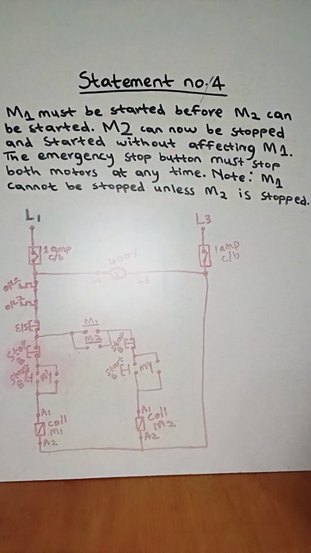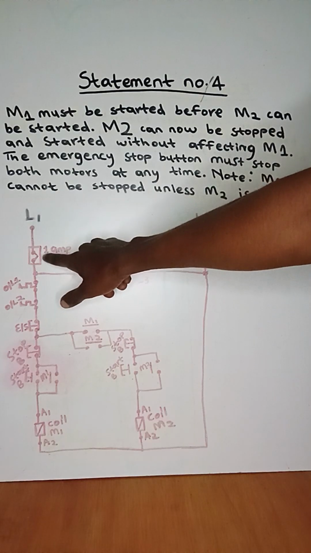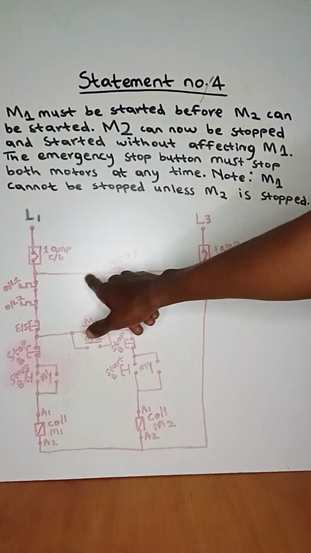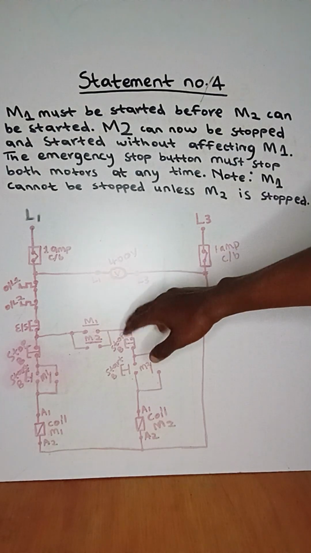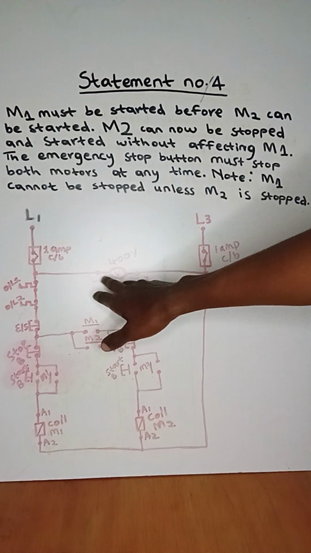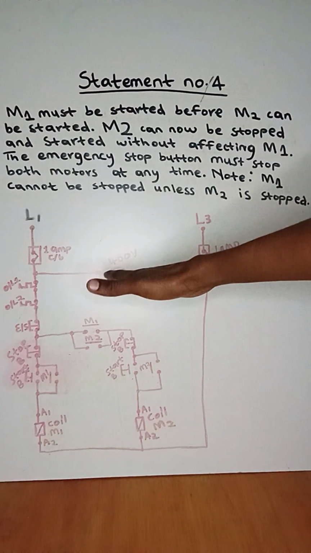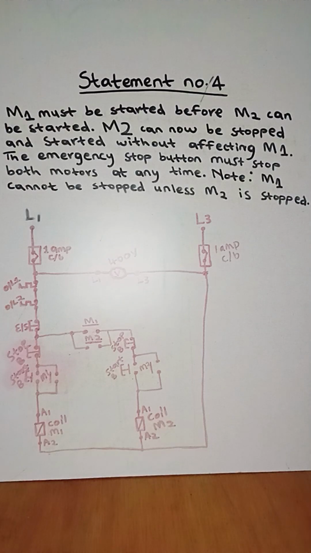Right, from live 1, current will flow down and finds close contact of 1M circuit breaker and all the way to live 1 from the voltmeter, in which when the voltmeter has live 1 and live 3, it will give us a voltage of 400 volts, which means our supply voltage is for 3-phase.